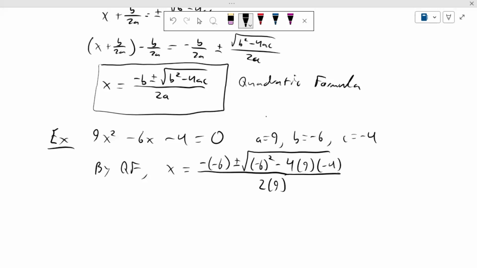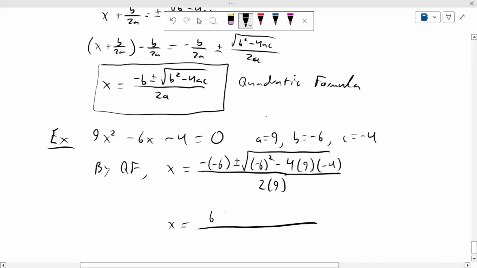Okay, so now let's just simplify. We have x is equal to, well, up top, negative 6 is, of course, just 6. We get plus or minus the square root of negative 6 quantity squared, which is 36. Again, don't forget to use parentheses, you're squaring the negative as well. And then we have minus 4ac, so 4 times 9 is also 36, and 36 times negative 4, so this is going to become positive.